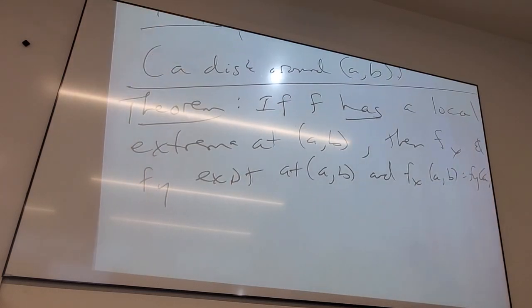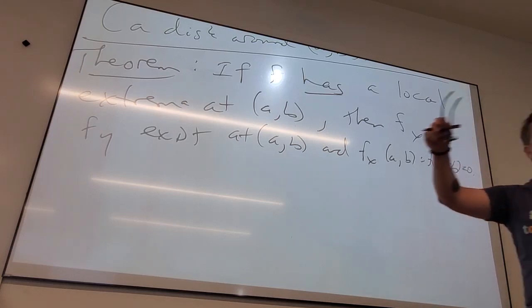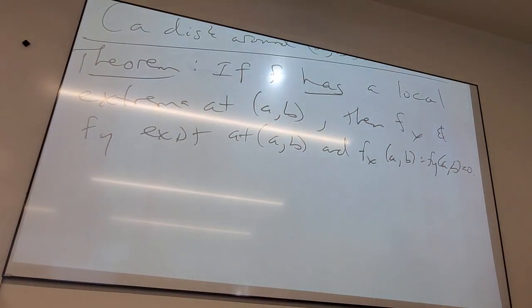So if f has a local max or local min at some point (a, b), then f_x and f_y both exist, and they both equal 0.